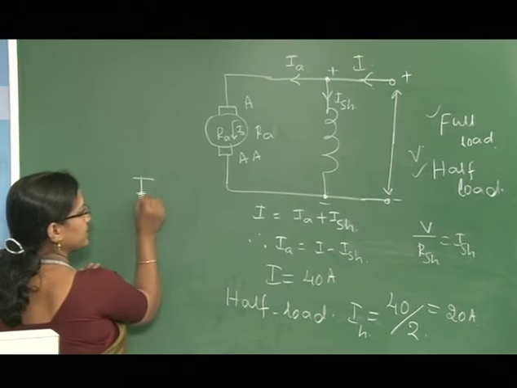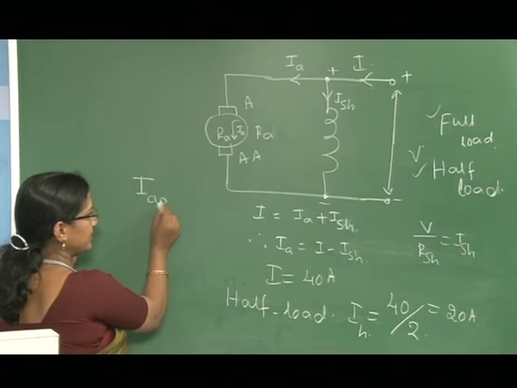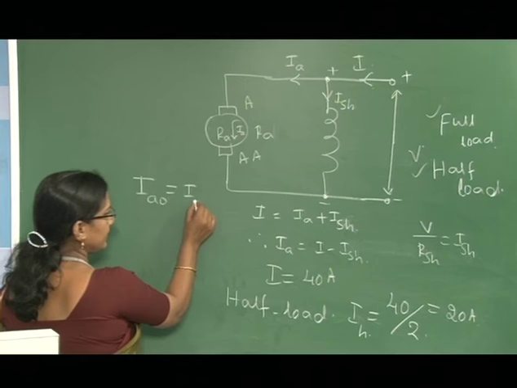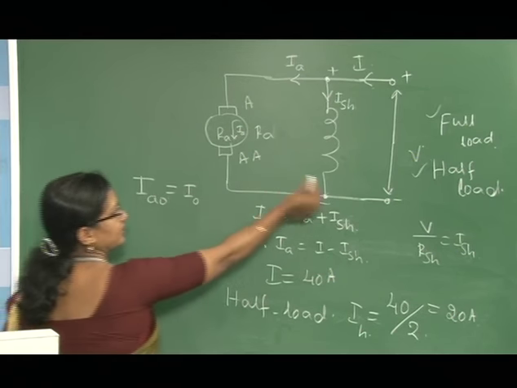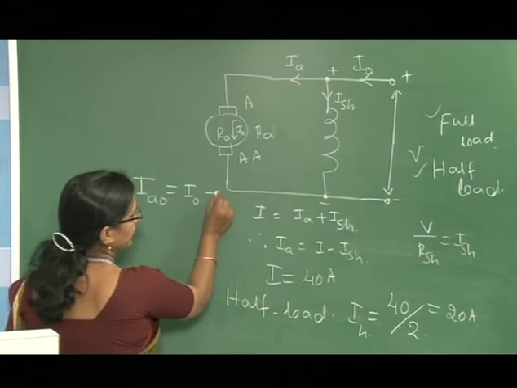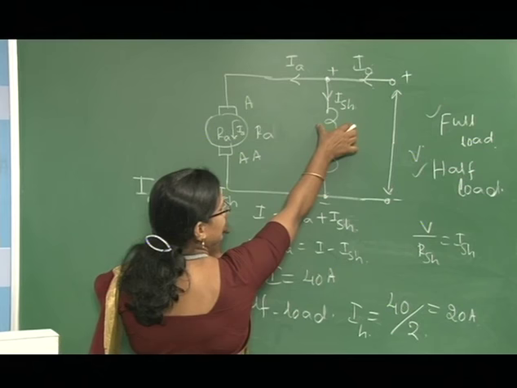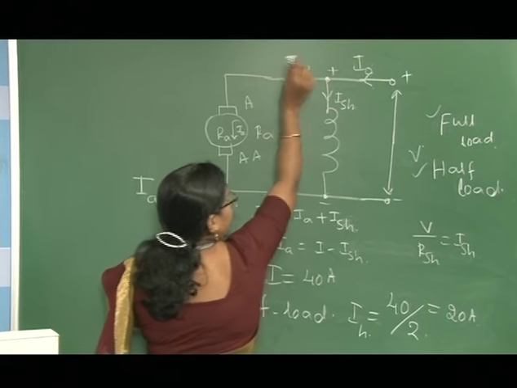Under no load condition we have used the subscript, that is the symbol A naught, IA naught is equal to I naught, the current drawn from the supply under no load condition, minus ISH. ISH is constant in this. Now, you have to calculate IA naught.